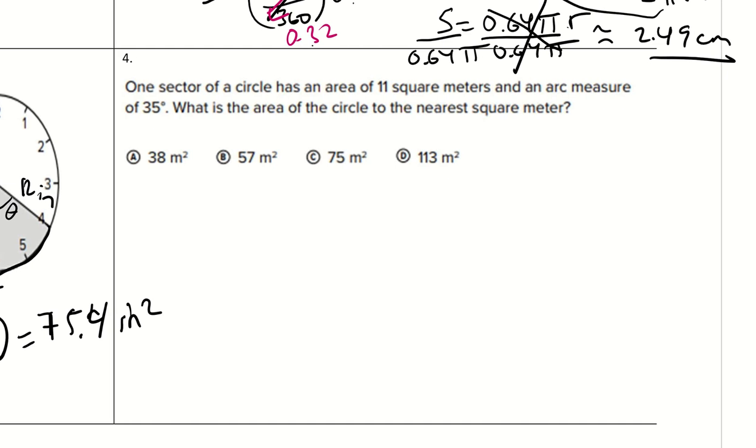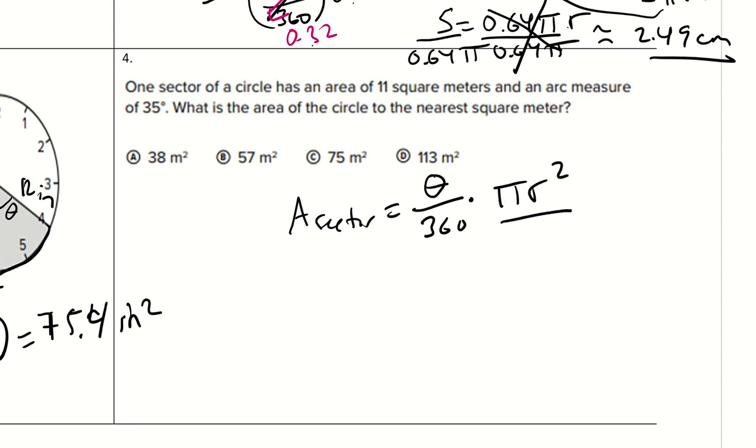All right, number 4. One sector of a circle has an area of 11 square meters and an arc measure of 35 degrees. What is the area of the circle to the nearest square meter? So the area of a sector is equal to the fraction of coverage times the area of the circle. Normally I would say angle over 360 times pi r squared.